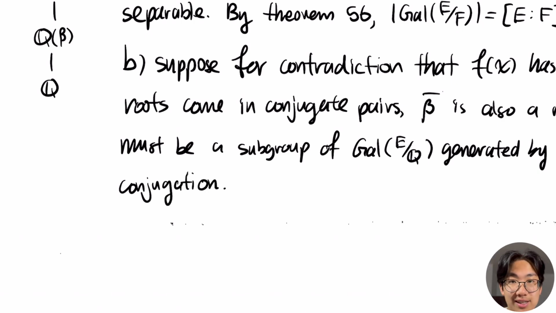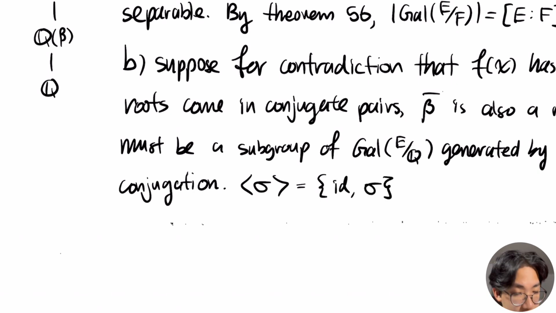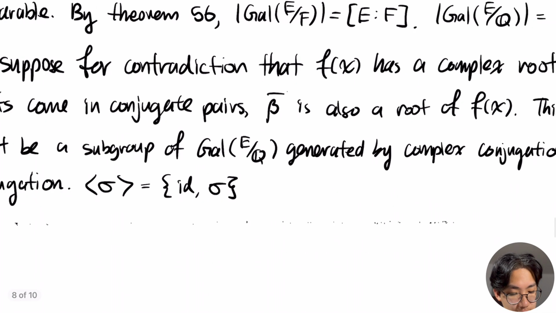Now we can look at the cyclic subgroup generated by sigma. We just have the identity, of course, and then sigma itself. This is all we have, because if you conjugate twice, you just get back to the identity. So we have a subgroup here of order 2, and we'll see in a second that this is indeed problematic.